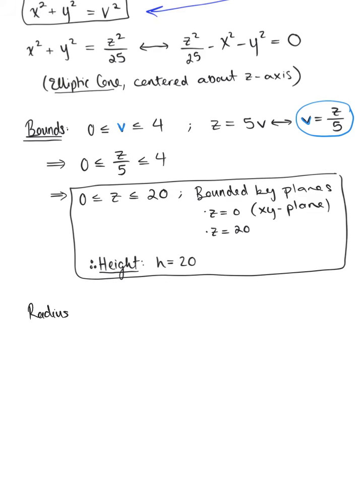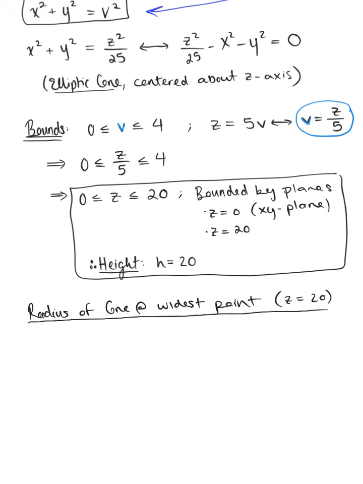We need the radius of the cone at the widest point. In other words, we want to use the upper bound on z, so z is equal to 20. We're going to use the first part of our classified surface.